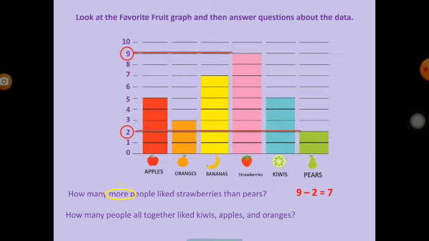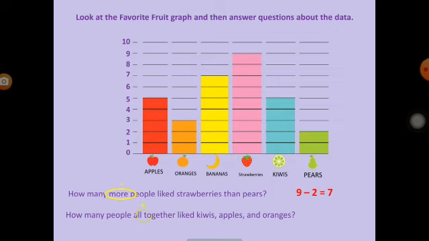The next one. How many people all together liked kiwis, apples, and oranges? Let me read the question again. Here in this question, do you have the keyword more? No. I have another, new keyword. It's called all together.